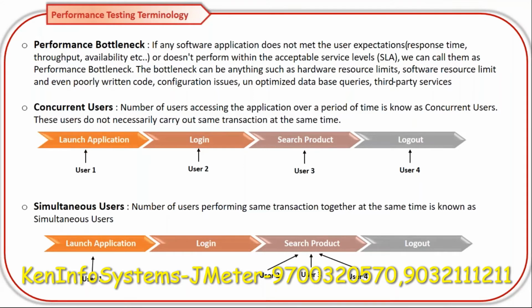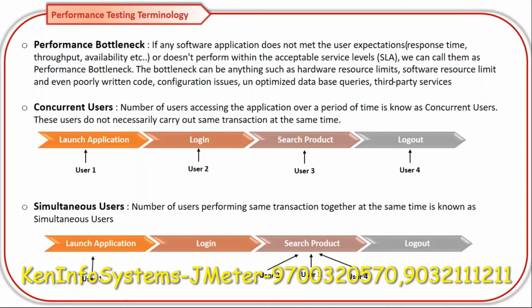Here also I'm taking the same example: launch application, login, search product, and logout. These are the 4 transactions, meaning 4 user actions. The number of users accessing the application over a period of time is known as concurrent users.